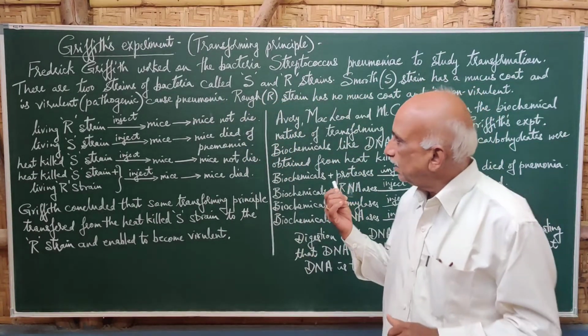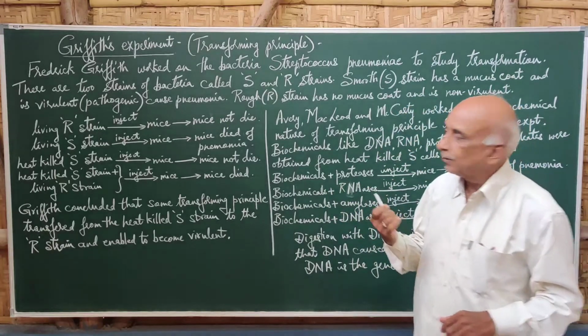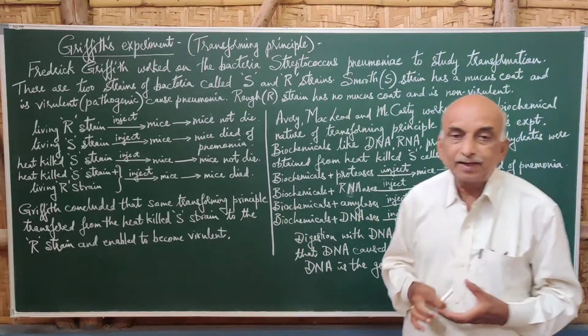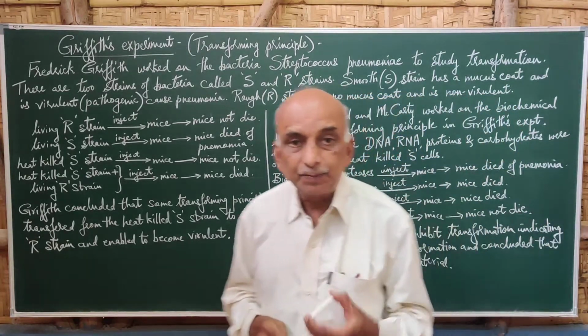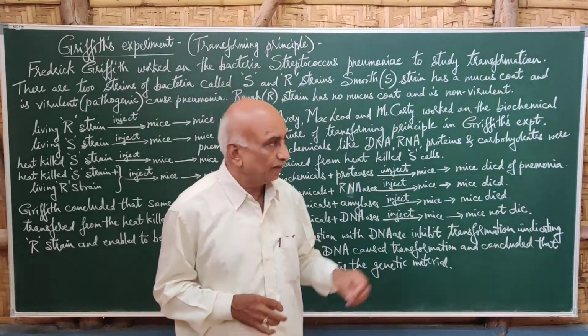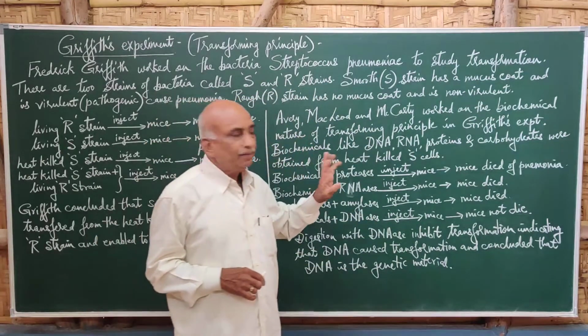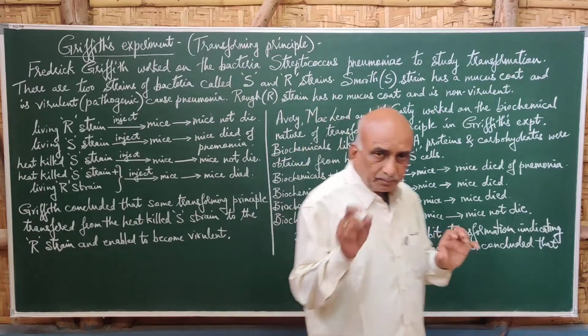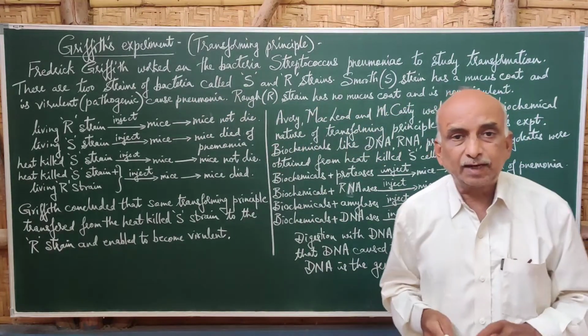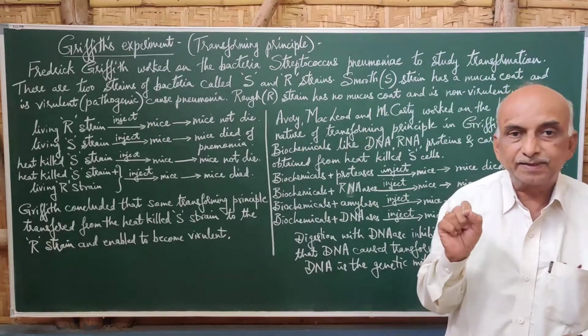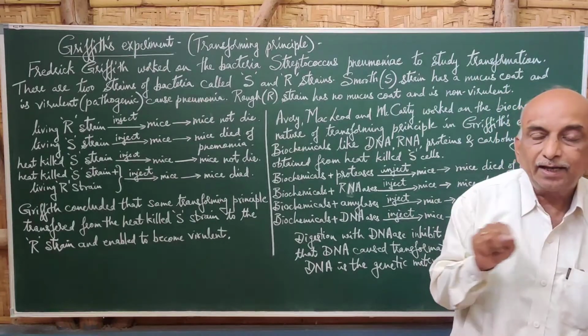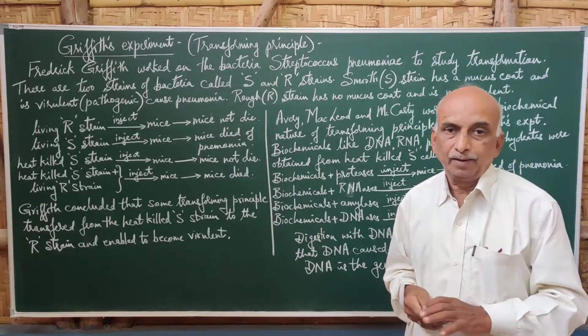So strains are a type or variety of bacteria. Here S strain denotes smooth and R strain denotes rough. The R and S strains are differentiated on the basis of a mucus layer present outside the cell wall.